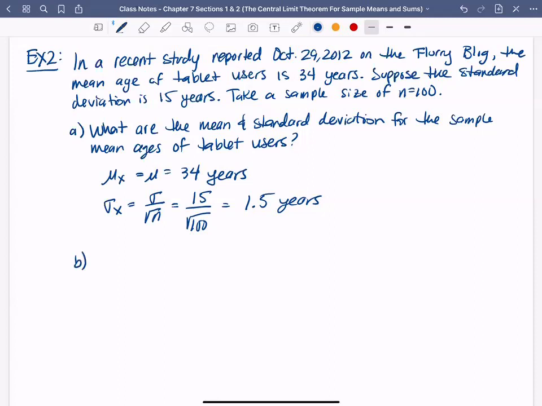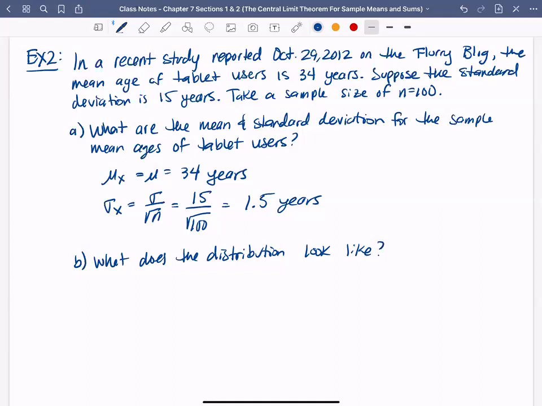So B now says, what does the distribution look like? I'm not going to write the answer, I'm just going to tell you. Remember, the central limit theorem states that for large sample sizes n, the sampling distribution will be approximately normal.